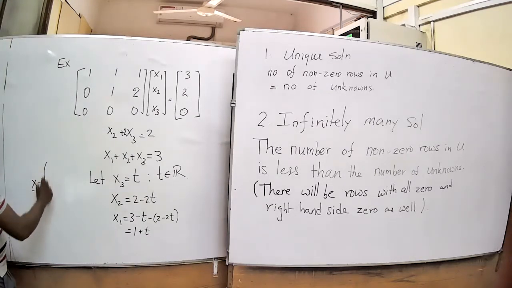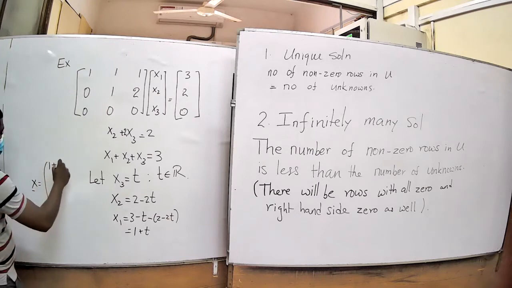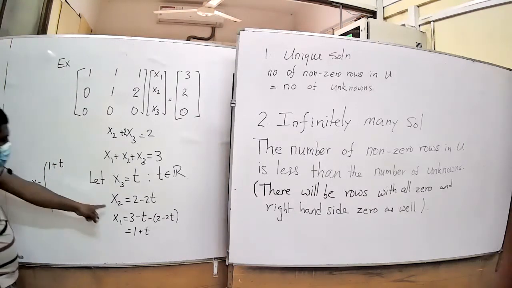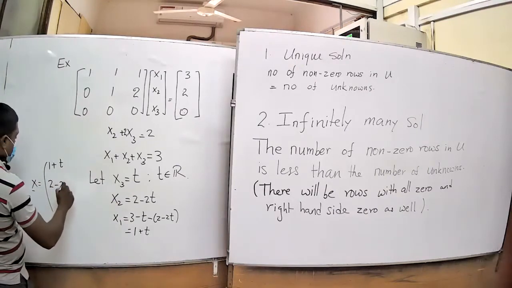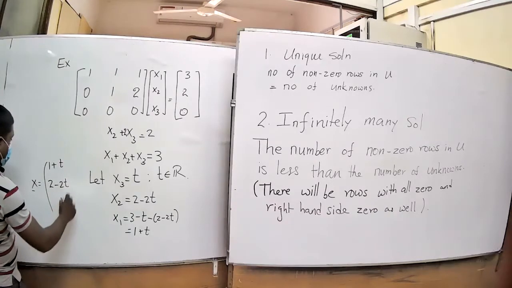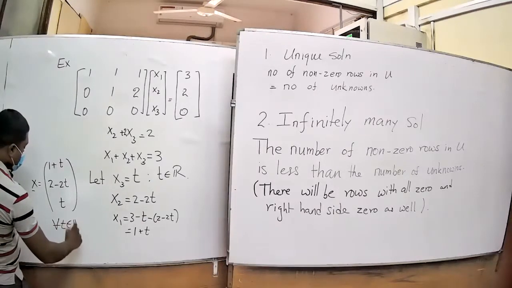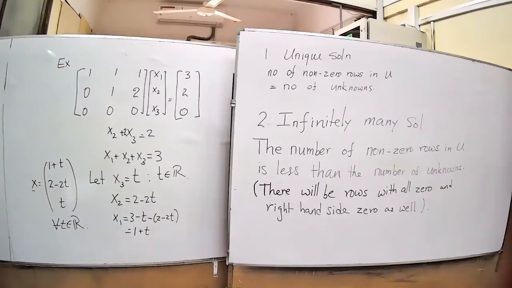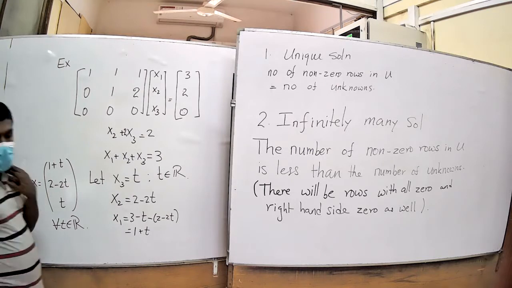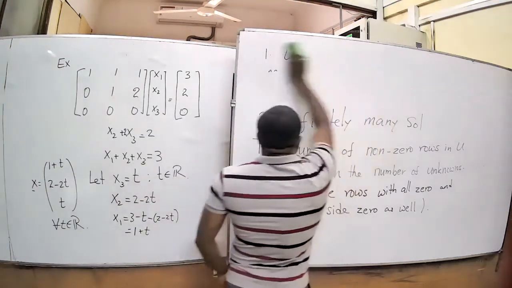So x is going to look like this. x1 is 1 plus t, x2 is 2 minus 2t, x3 is t, where t belongs to the real numbers. So you can change the values of t and get different solutions, right? Because R is infinitely many numbers, whatever you put for t, you will get different solutions, right?